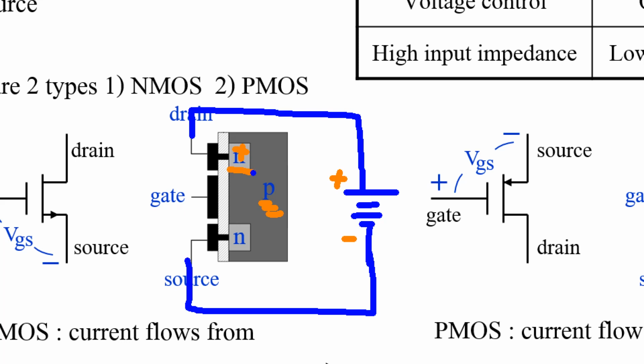Anyway, if I add more positive voltage at the gate terminal, what happens?